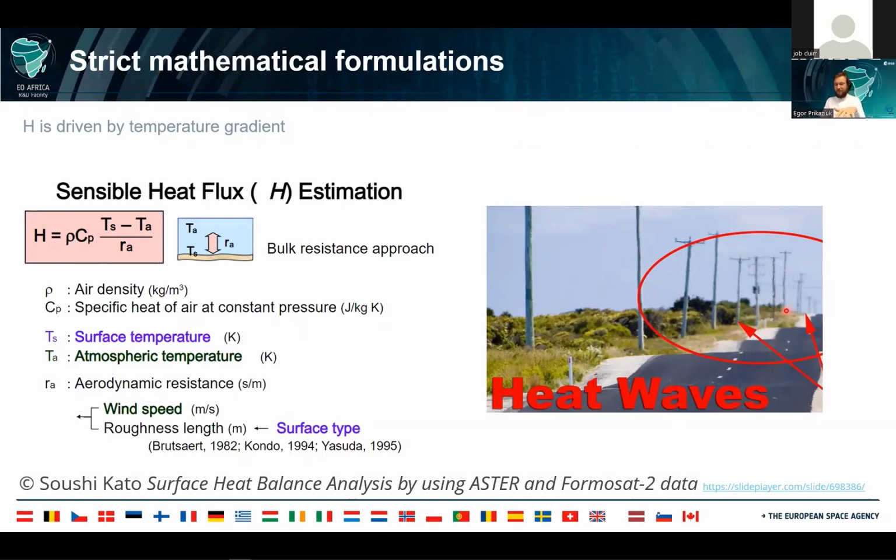You've seen that many times, I think. Now you know what you have seen. You have seen a sensible heat flux. So the energy goes up to the air, and it has to overcome some resistance. It's called aerodynamic resistance, and essentially the heat flux is driven by the difference in temperature.